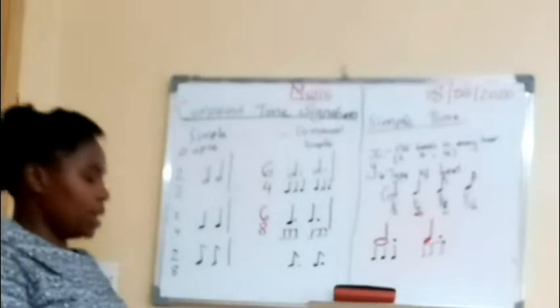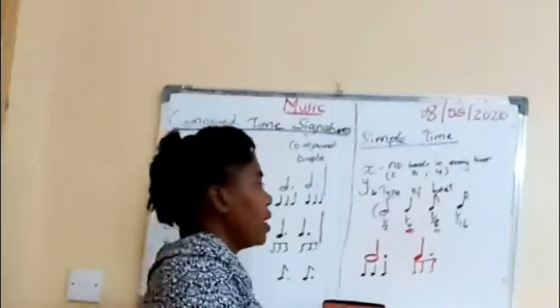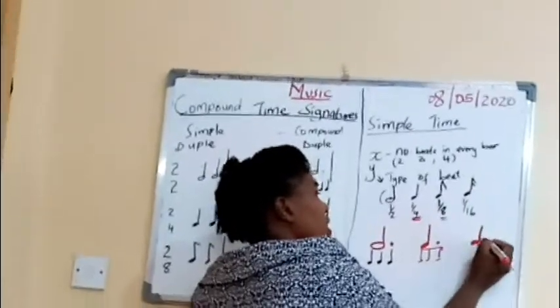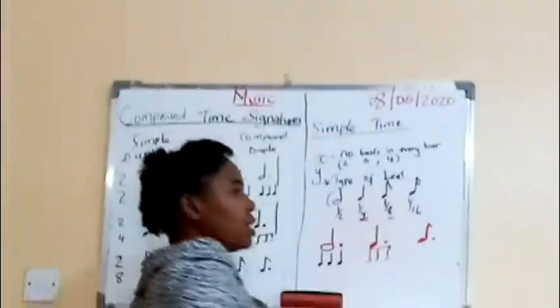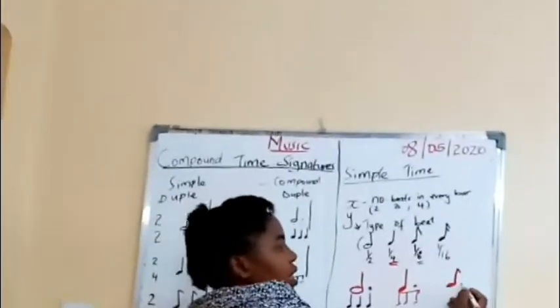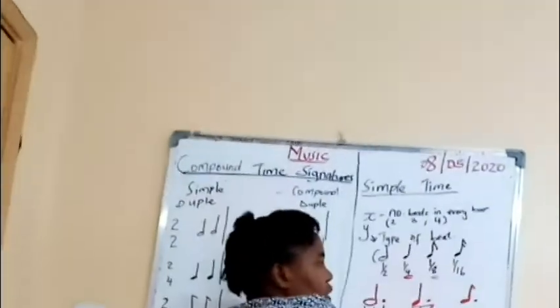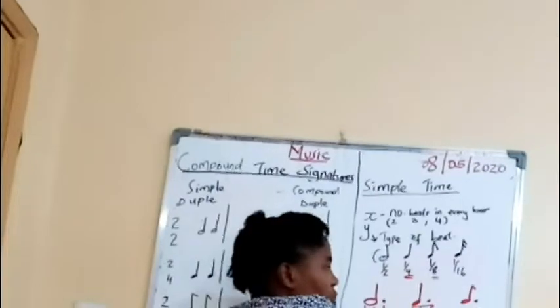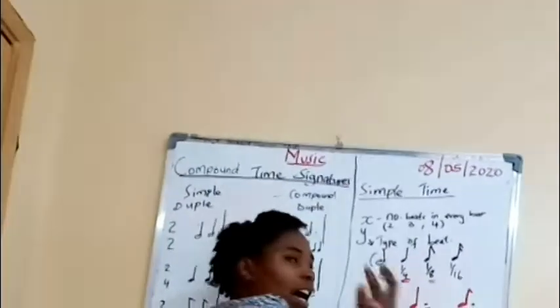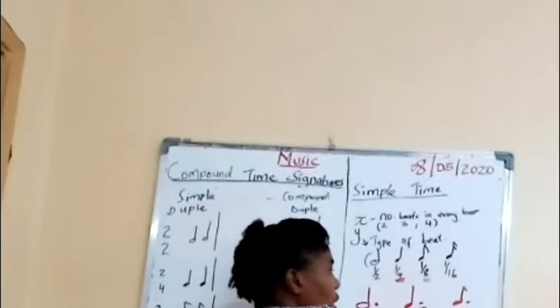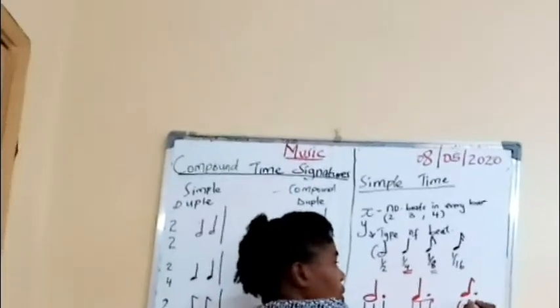So maybe here, I can come here and let us see how the quaver is going to divide itself. So this is our quaver. A half of the quaver is a semiquaver. So this dot here stands for 1 semiquaver, and a quaver has 2 semiquavers. So this is 1, 2.